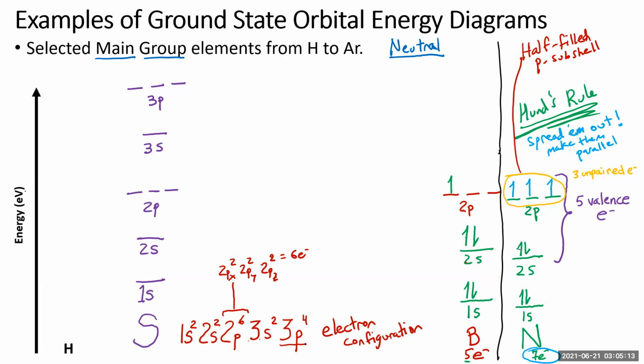So let's go through sulfur. 1s2, 2 electrons. We know that has to be the case because sulfur is all the way on the 3rd row, p block. Everything before that must be filled up. So all these orbitals are filled. 1s2, 2s2, 2p, 1, 2, 3, 4, 5, 6. Even though I fill them in according to Hund's rule, at the end of the day, the 2p subshell is completely filled.